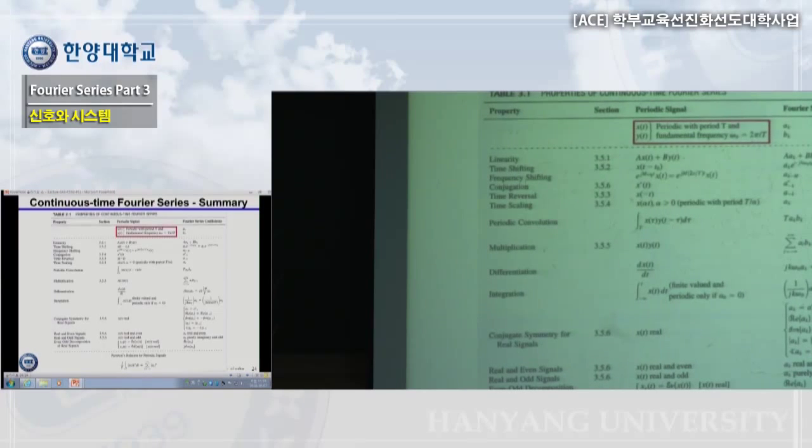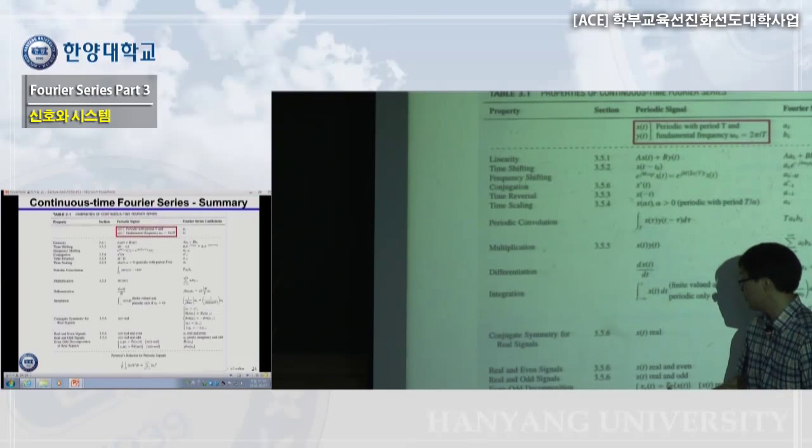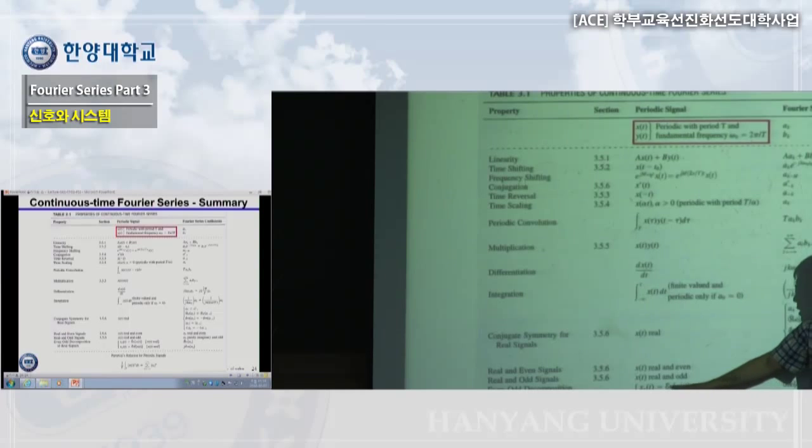A little bit different, right? If you want the even part of x, Ev{x} means only taking the even part, and that corresponds to the real part of a_k. If you take the odd part, it changes to purely imaginary.